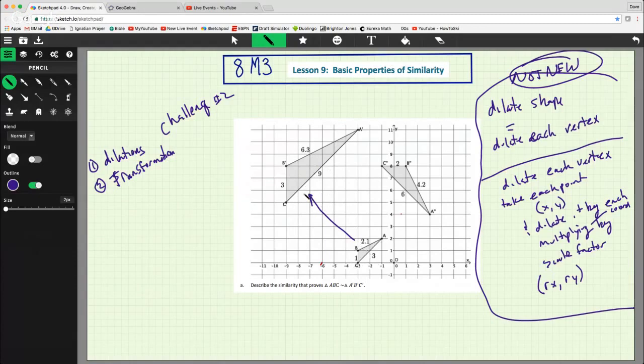Let's look at the short side. The short side here is 1. This short side here is 3. So I have dilated with an r equal to 3. So I want to dilate this triangle here, and watch what happens when we dilate each point with an r equals 3.